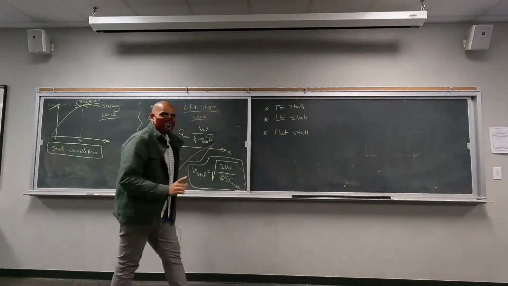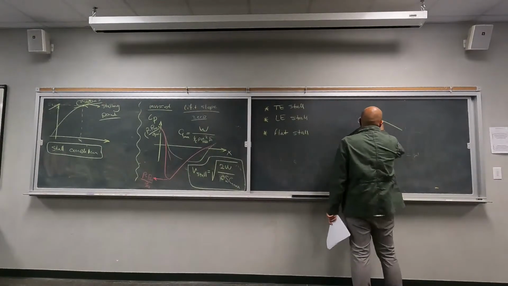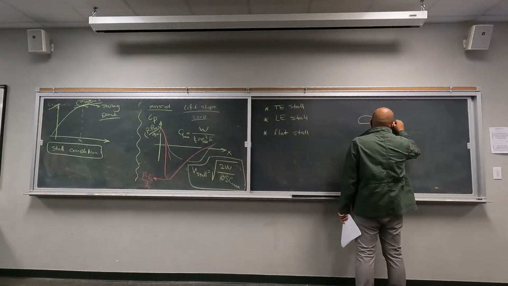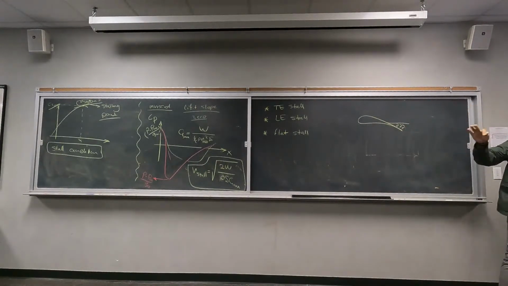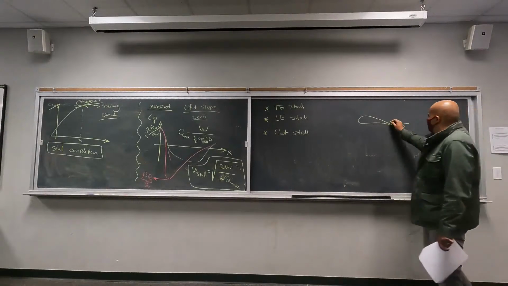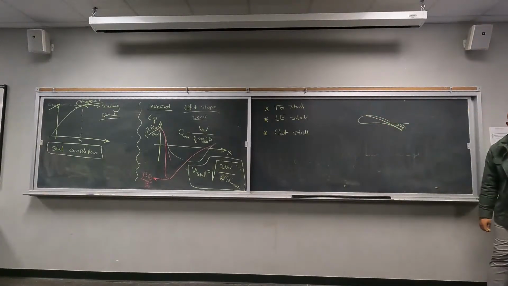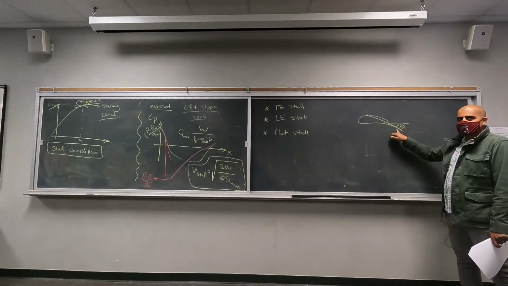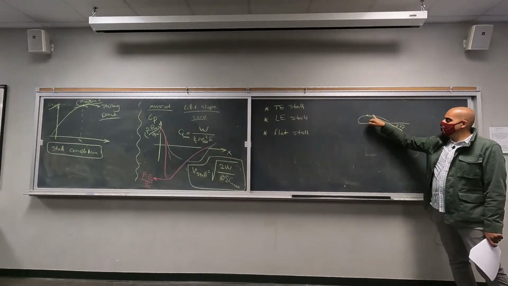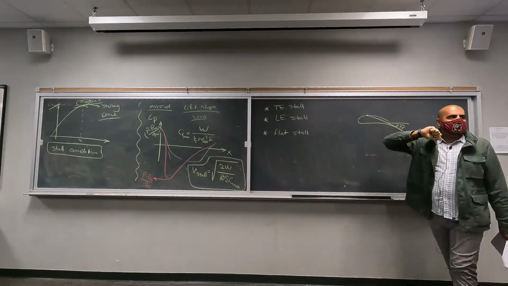So trailing edge stall is the stalling condition when your flow separation starts from the trailing edge, right? As you increase your angle of attack, the separation point will move toward the leading edge. That will be your trailing edge stall.